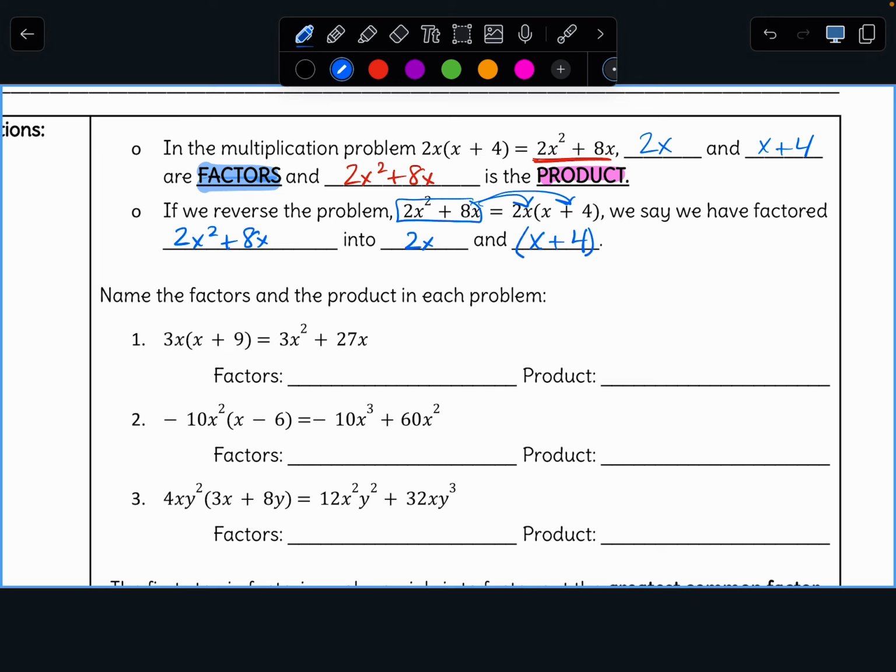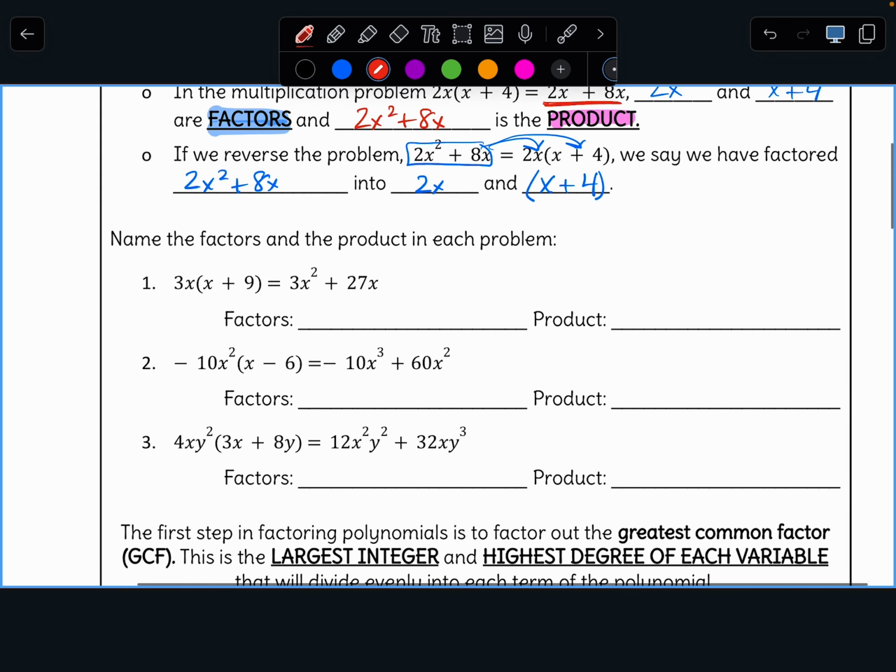So when we factor something, we take a big expression, a big number, a big problem, and we break it into smaller pieces. So when we look at this first couple of things, we're going to look at the products, and then factors, and then we're going to identify the products. So it says name the factors and the products in each problem.